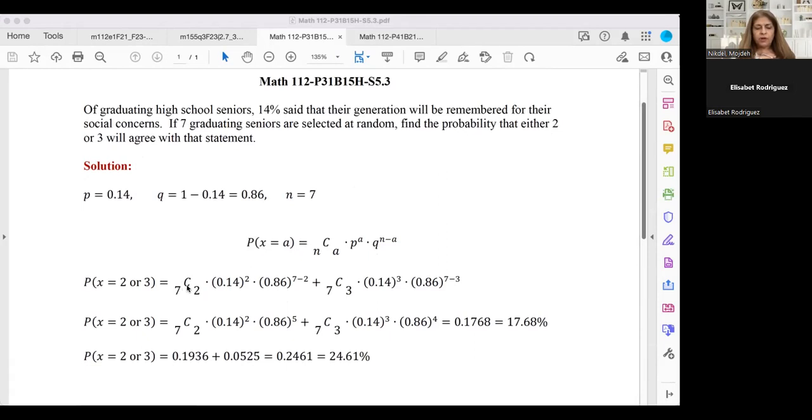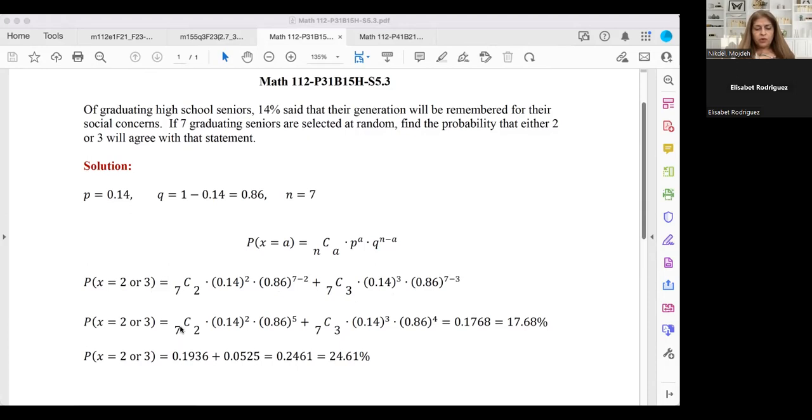So combination of n is 7, we are choosing 2, 0.14, the probability of success, to the power of 2, q, which is 0.86, to the power of 7 minus 2. Plus, now I write the probability for 3: combination of 7 choose 3, 0.14 to the power of 3, 0.86 to the power of 7 minus 3.